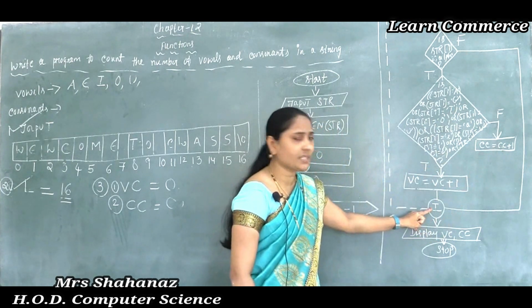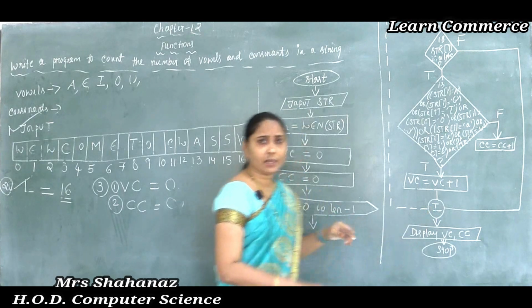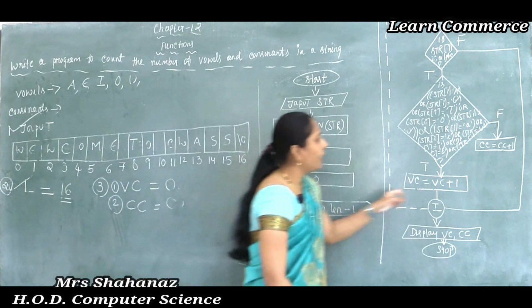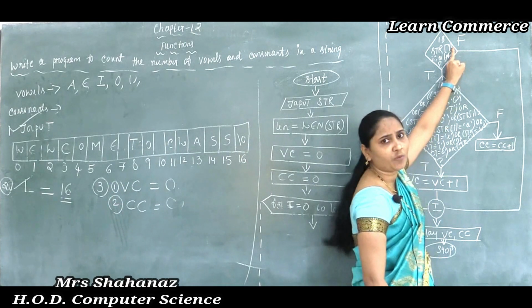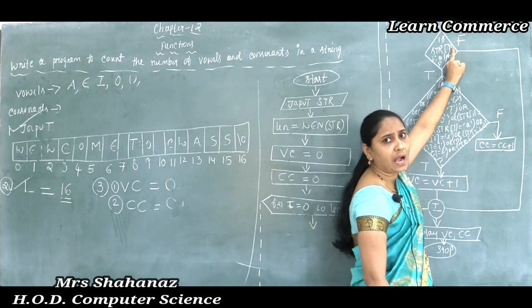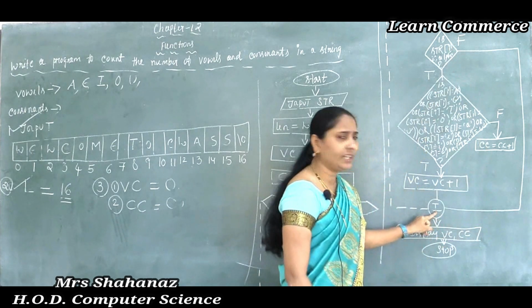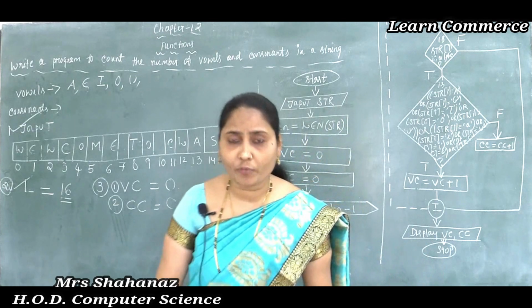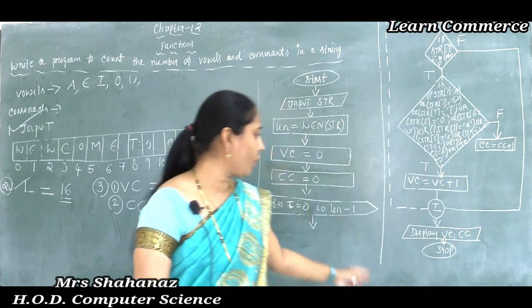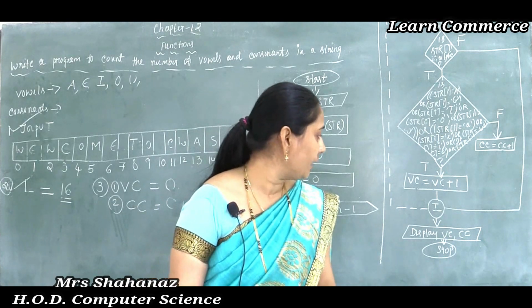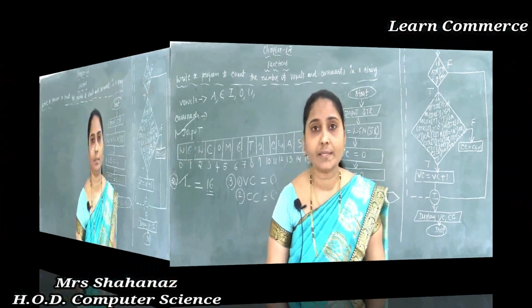And the connection is there to I, accessing the characters one by one. Clear this point? Here the connection is there for I, and if the condition is false, the character we are accessing is not an alphabet. We also need to connect with the I here, and finally display the number of characters of the VC and also the number of characters of the CC.